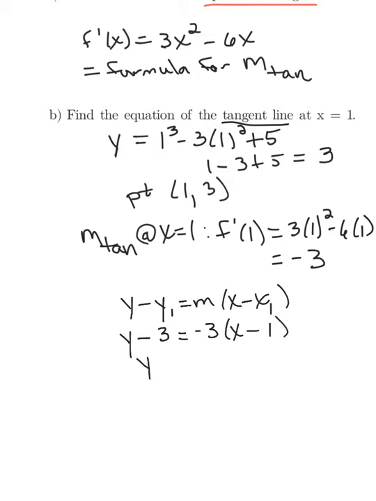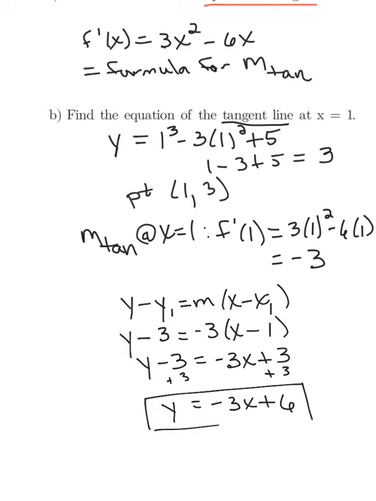Now let's do our algebra here. So we have y minus 3 equals negative 3x plus 3. And then add 3 to both sides to solve for y. And we have y equals negative 3x plus 6. So this is now the equation of the tangent line at the point x equals 1.